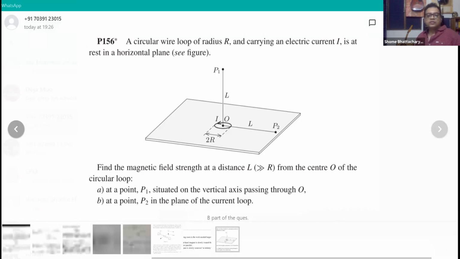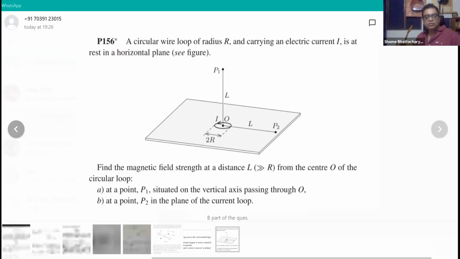So now every time you have a current carrying loop like this carrying current I, and you want to find the magnetic field at any general point also, you can find the radial component and the tangential component of the magnetic field using this. You just replace this with a magnetic dipole, and this angle is theta and this distance is r. So your thing is the same.